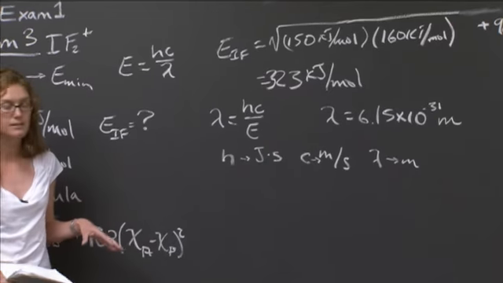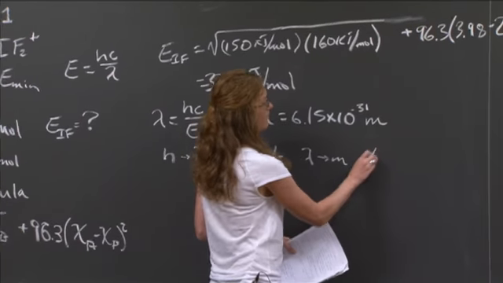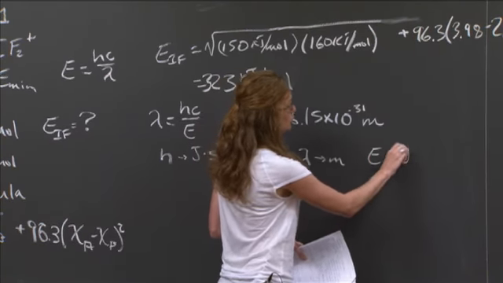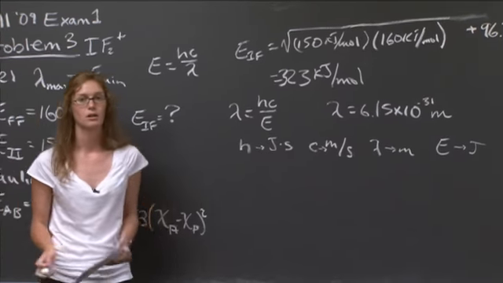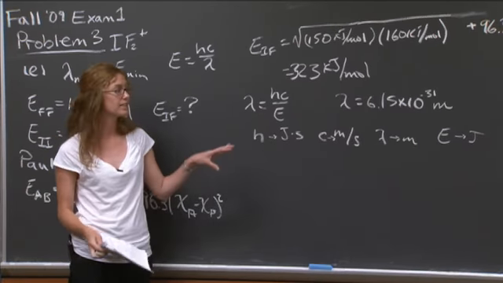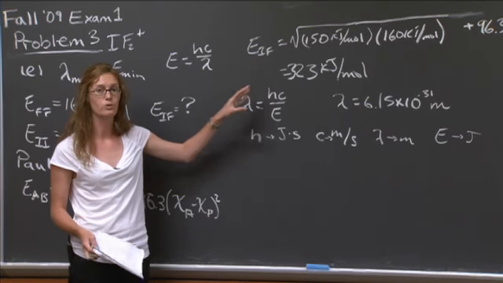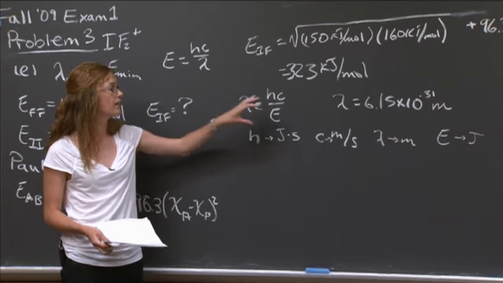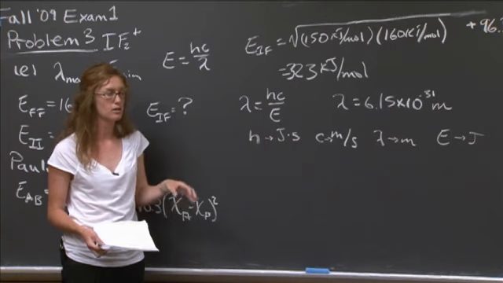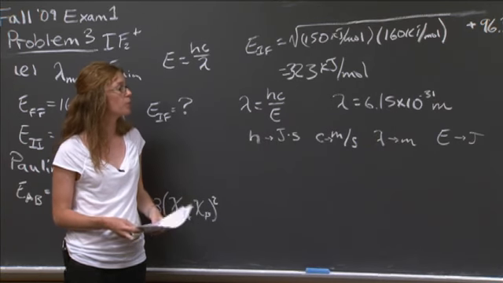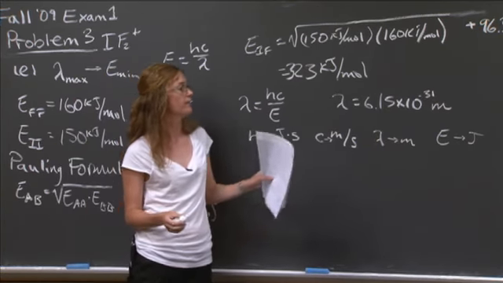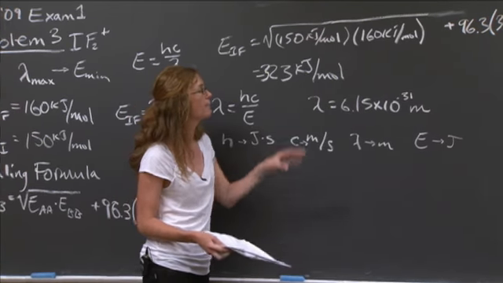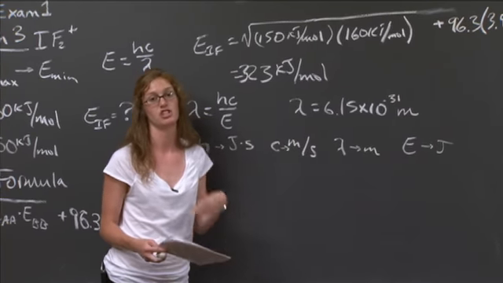To make everything cancel out, that means we want the energy to be in joules, not joules per mole, because we're looking at the wavelength of one photon, right? We're looking at the energy of one photon to break this bond. So we want the energy of the bond not per mole of bonds, but just of one bond.